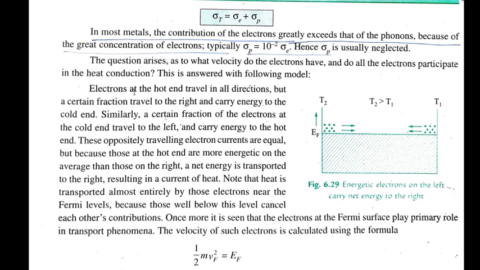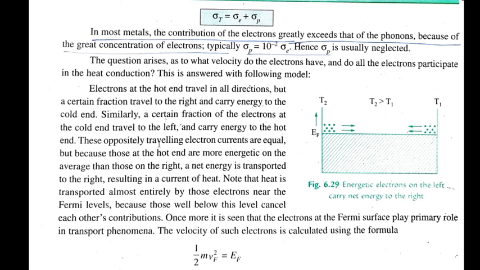The electron at the hot end travels in the old direction, but a certain fraction travel to the right and carry energy to the cold end. Similarly, a certain fraction of electrons at the cold end travel towards the left and carry the energy to the hot end.